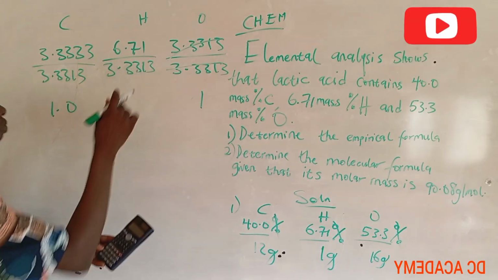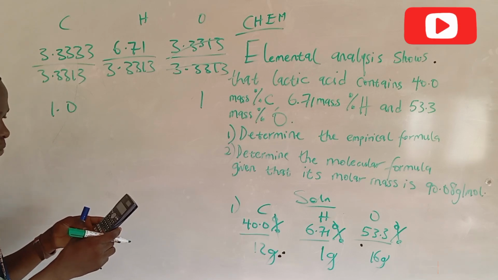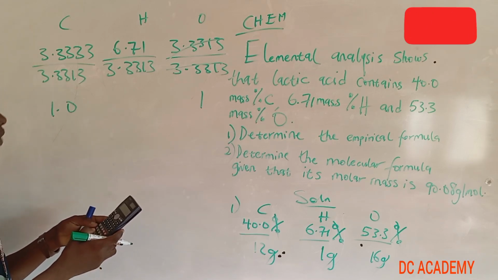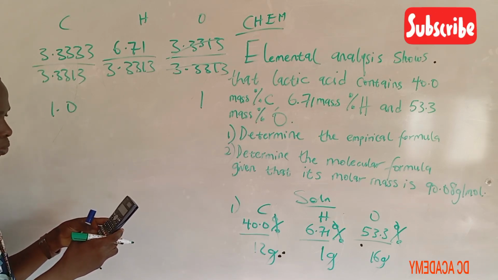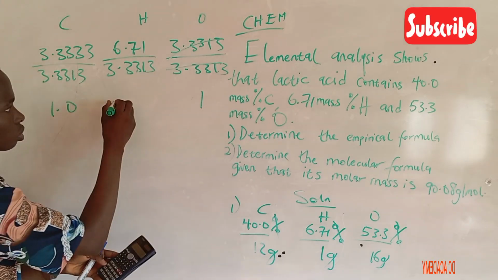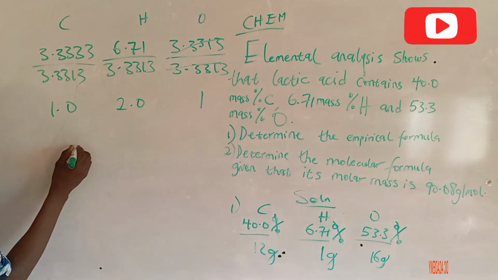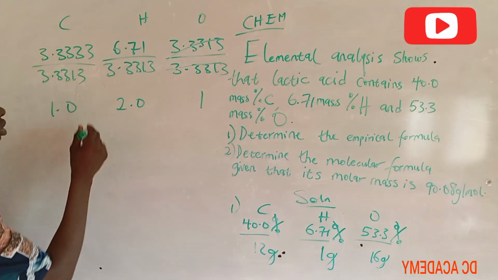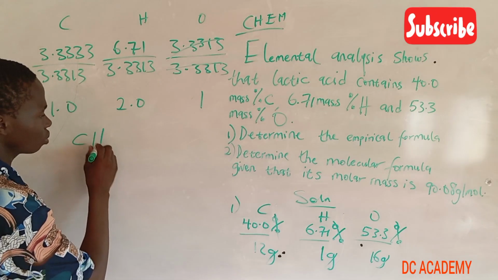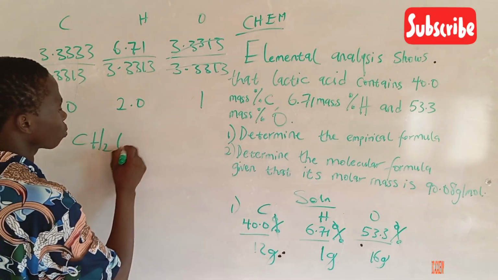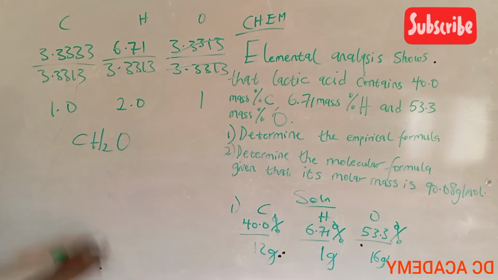For hydrogen, 6.71 divided by 3.3313 will give us 2.0. So at this point, carbon has 1, hydrogen has 2, and oxygen has 1. So this is what we have.